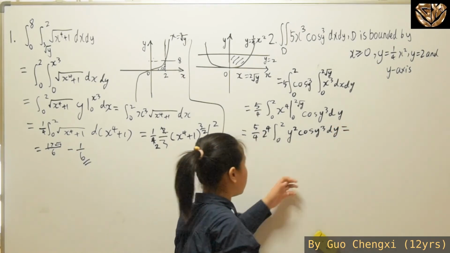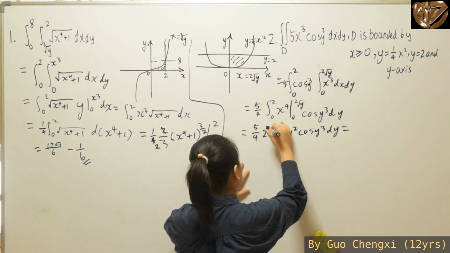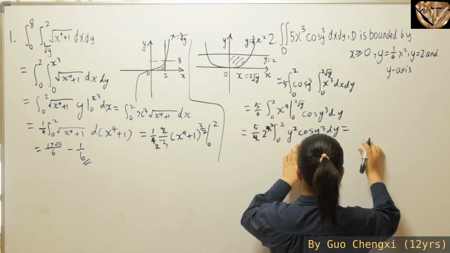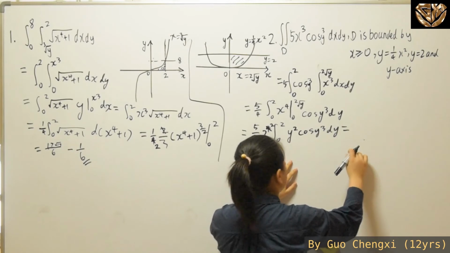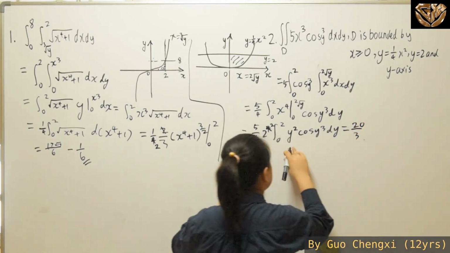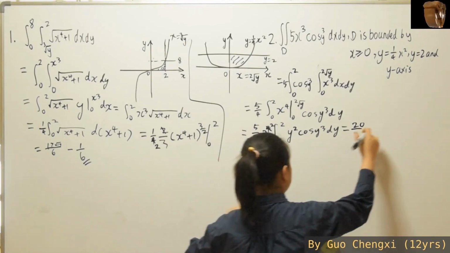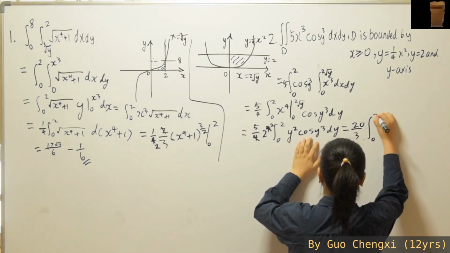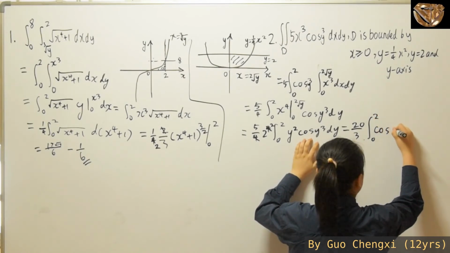And what we'll get now is, first of all, you can simplify the 2's over here, and then for this part over here, 20 over 3. Why do we need this? So that we can integrate this part over here.